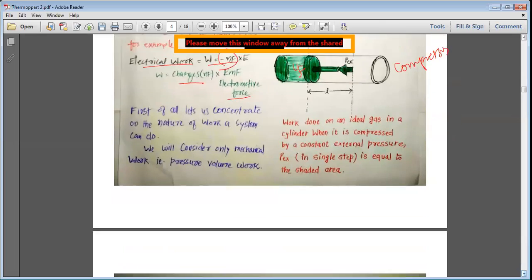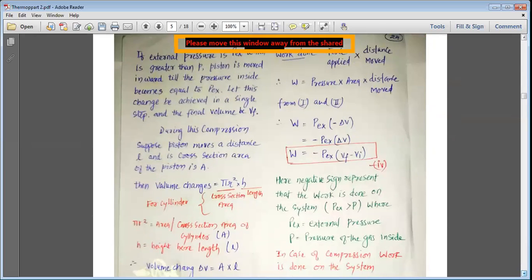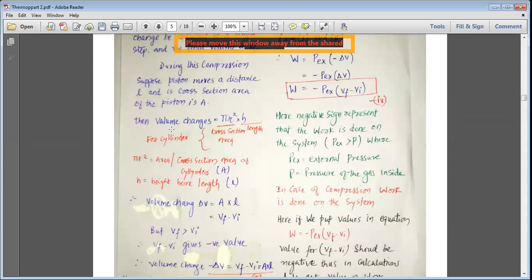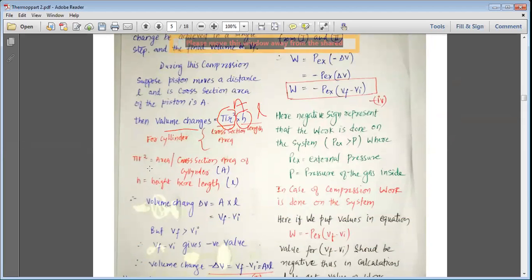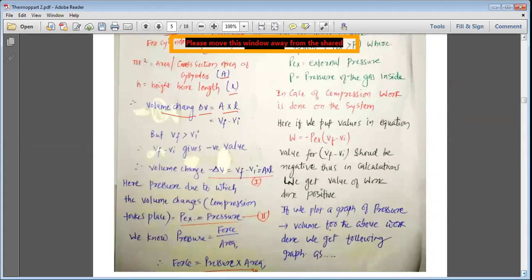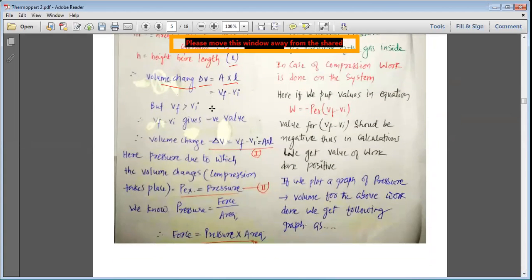Then, my dear students, we have studied that the volume of the cylinder is pi r square h. Pi r square represents the area and h represents the length of the cylinder. Now for pi r square we write area A and h is L, thus the volume change delta V is equal to A multiplied by L, that is V final minus Vi.